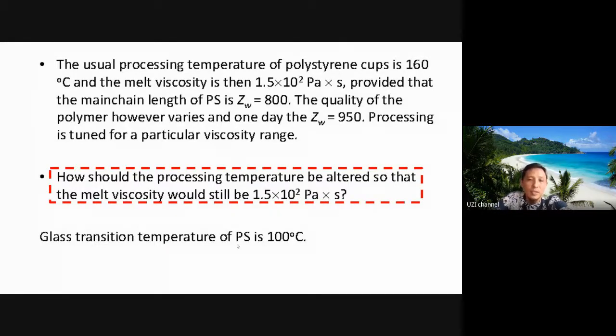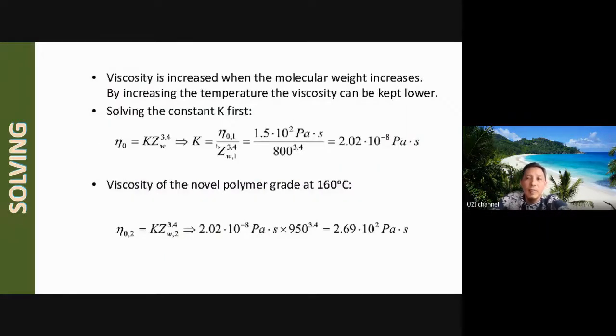The glass transition temperature of polystyrene is 100 degrees C. We can calculate it. After entering the equation, we get the zero shear viscosity, and the viscosity of the novel polymer grade at 160 degrees C becomes this.